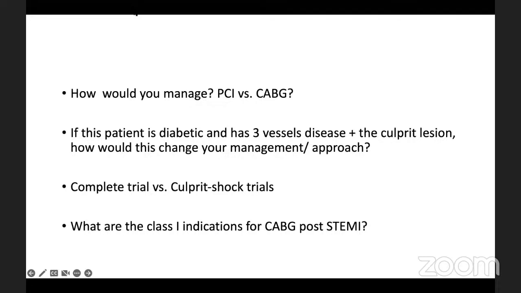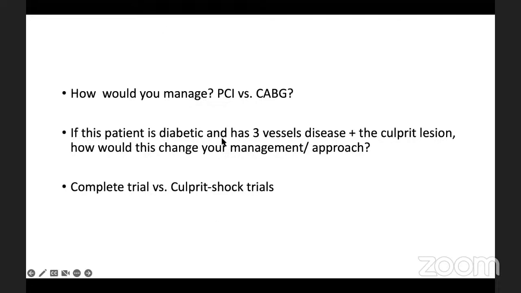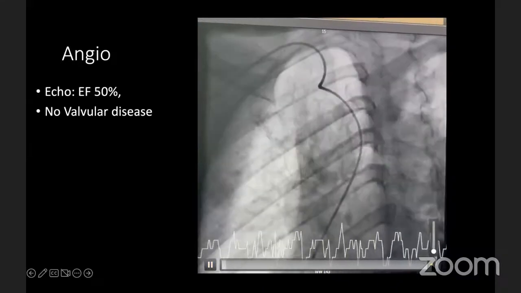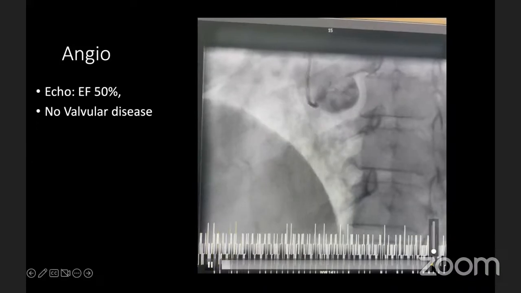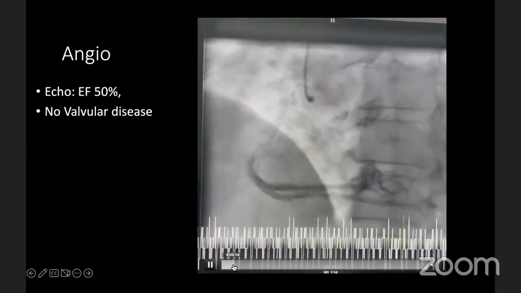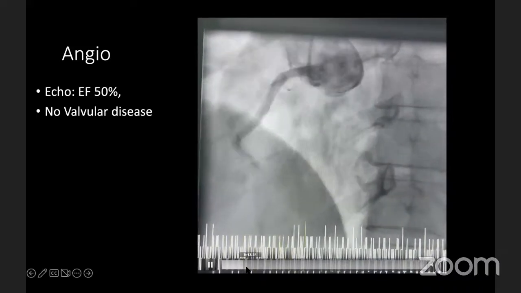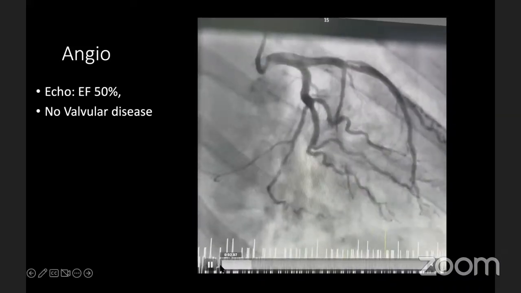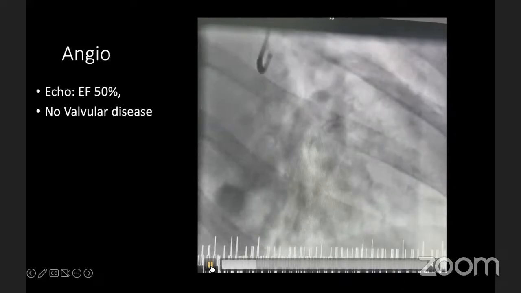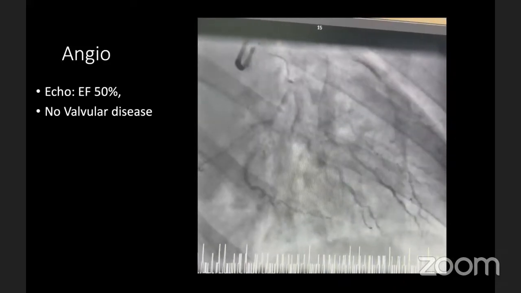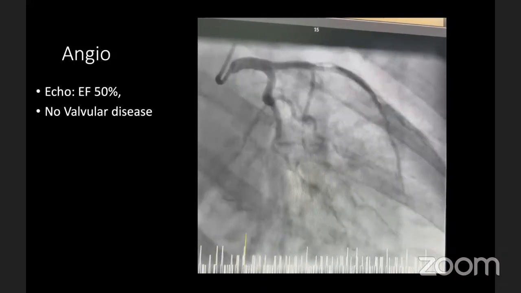Can we go back to the cath for the proximal LAD lesion? Can we call that a proximal coronary artery dissection or just a lesion?